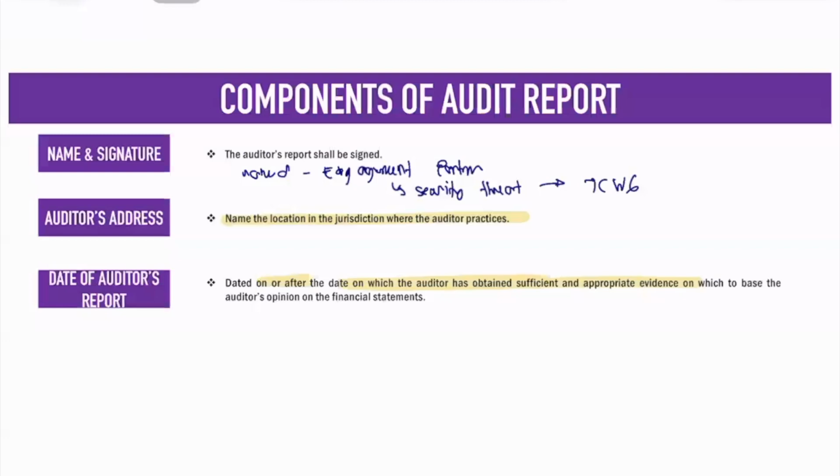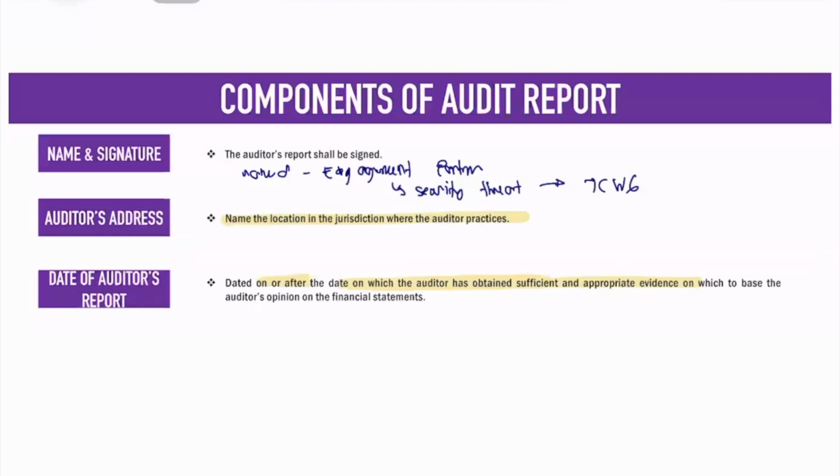But there are other paragraphs which can also be seen. And what are those other paragraphs? Those other paragraphs are normally known as your key audit matter paragraph, emphasis of matter paragraph, and other matter paragraph. Later, we will discuss those other paragraphs that can be seen in an audit report.